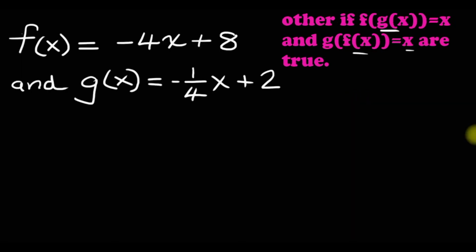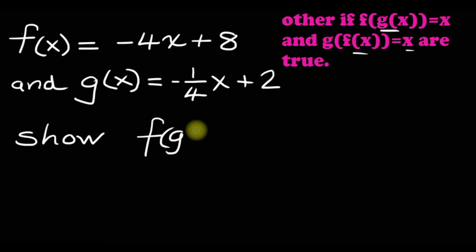So what we got to do is first show f of g of x, see if that comes out to x. Now if you do this and it does not come out to x, then you're done. You can say that they're not inverses.